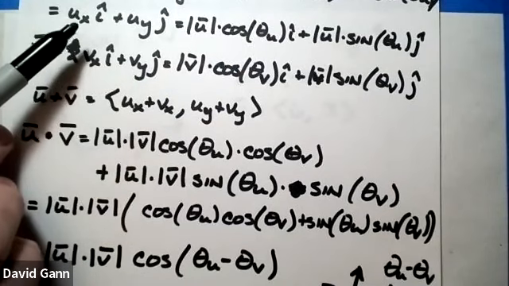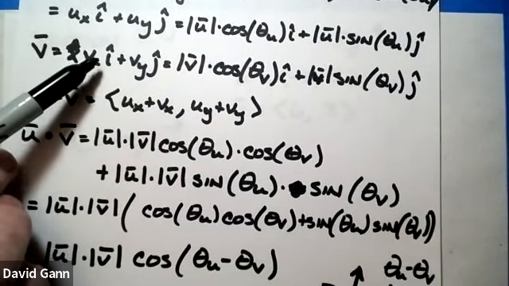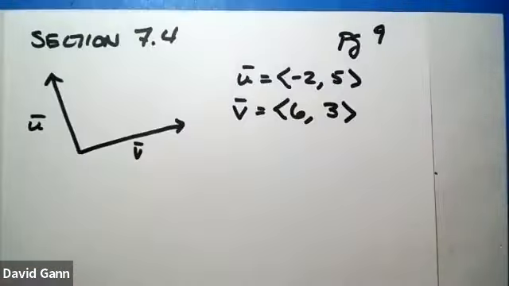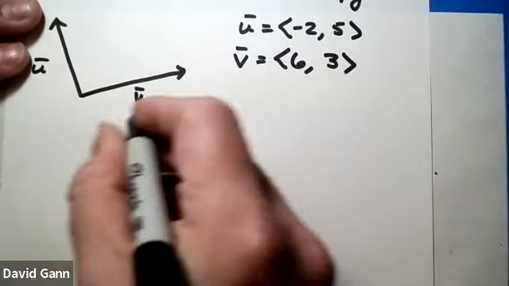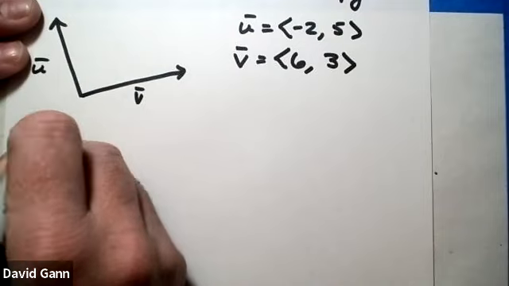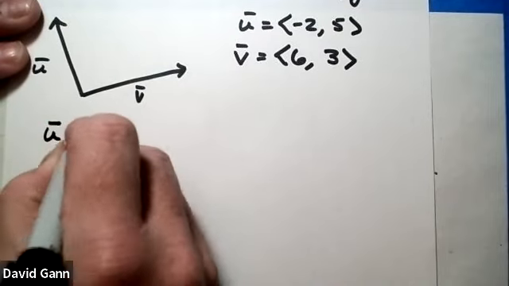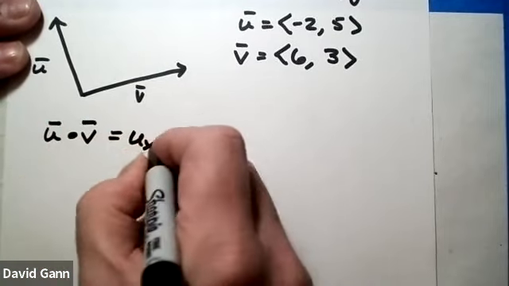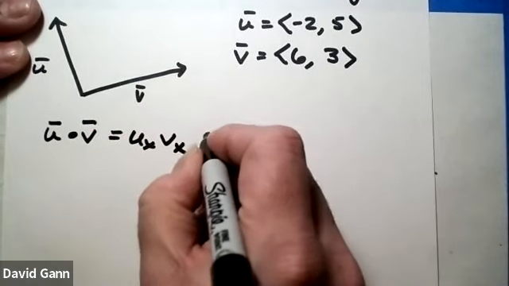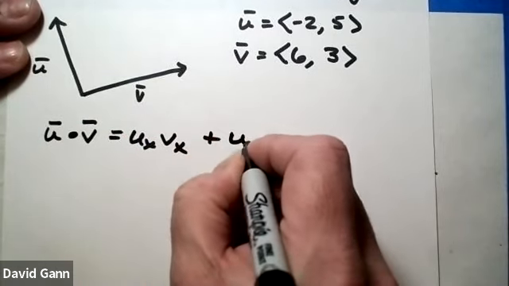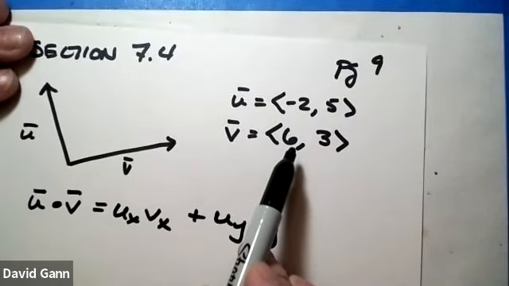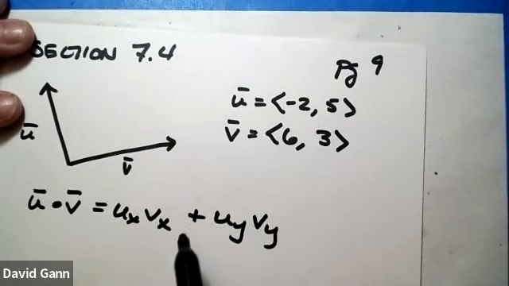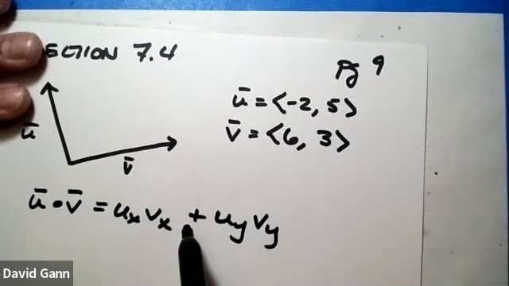It's actually ux times vx and uy times vy. So what we have is an alternate formulation for the dot product: u dot v is equal to ux vx plus uy vy, which, if you already have it in component form, makes it trivial to find the dot product.